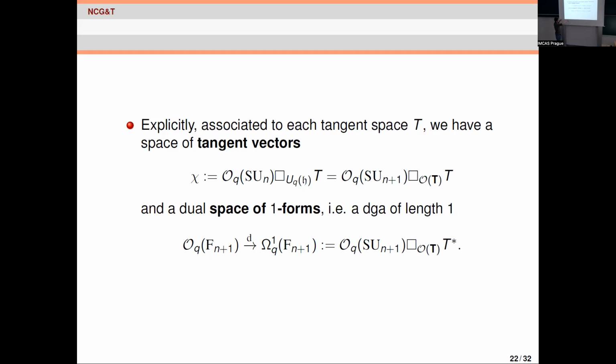So what we're doing is this box here indicates that we're looking at a subspace of the tensor product. So this thing lives inside of the tensor product, and it's somehow a balanced subspace of the tensor product that in the classical case would give you the homogeneous vector bundle.